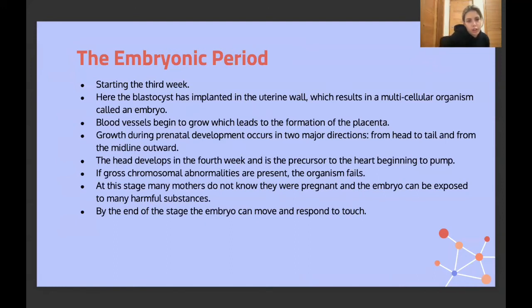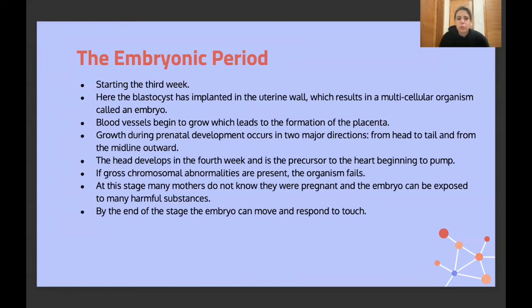Growing during the prenatal development occurs in 2 major directions. First is from the head to the tail and from the midline outward. The head develops in the 4th week and is the precursor to the heart beginning to pump.